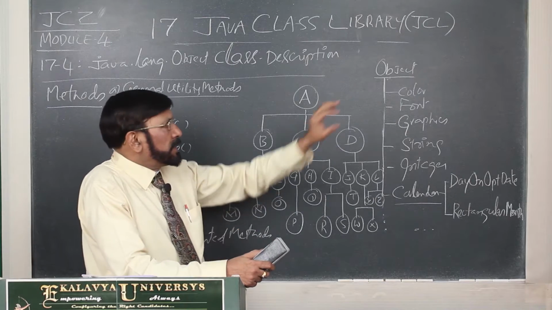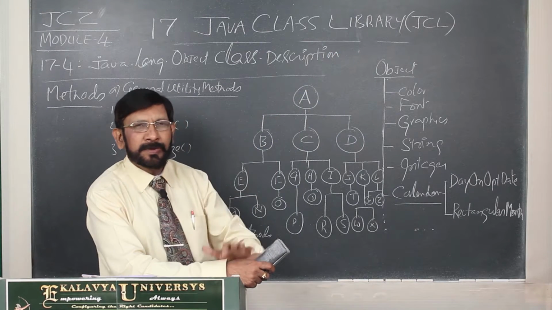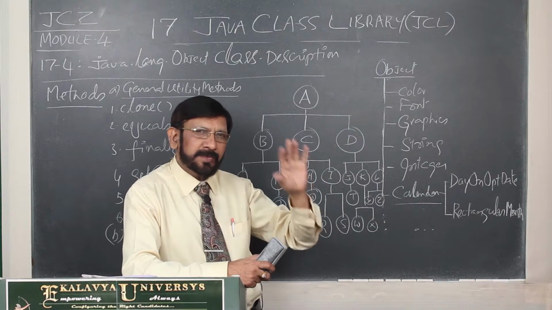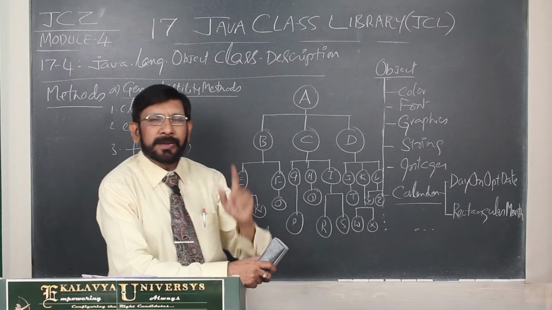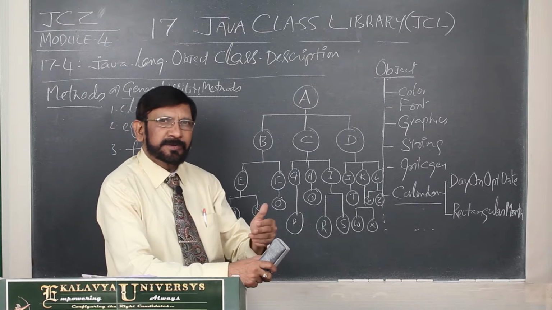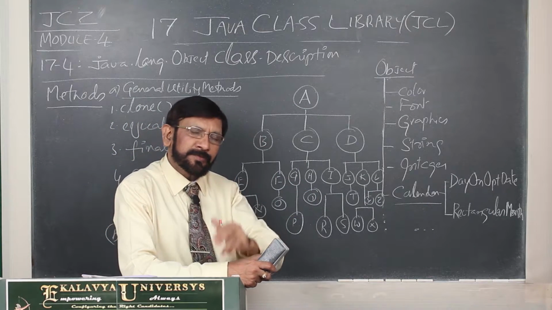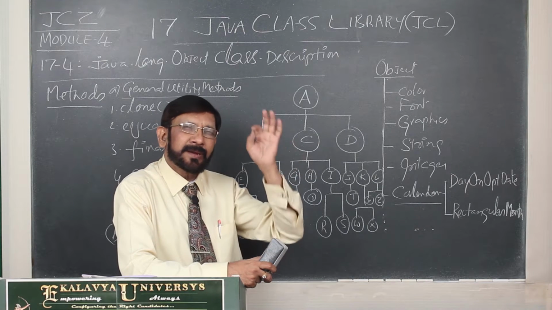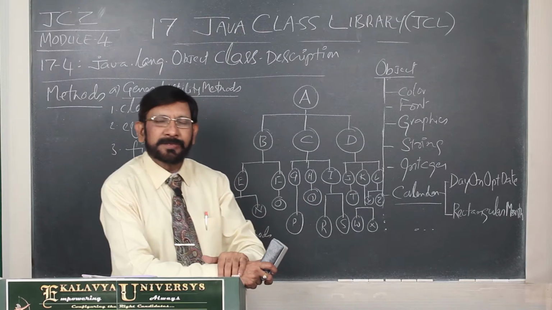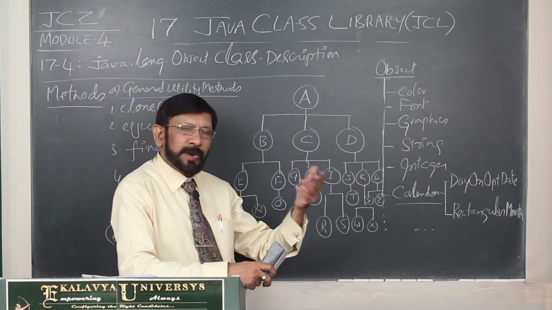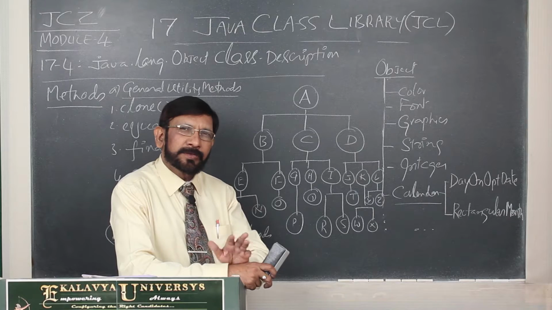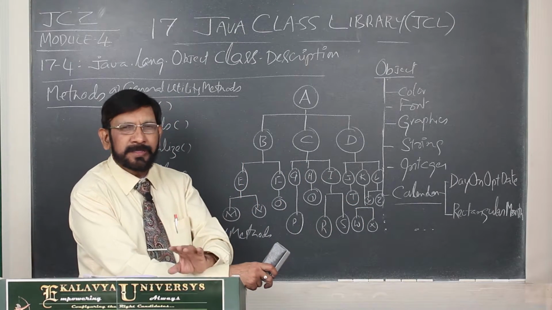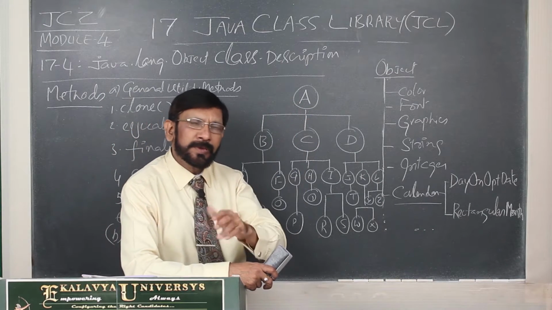Whatever general utility methods are provided by Object may be used by any Java class as it is, or it may make modifications to that according to its program requirement by the method overriding process. That is the greatest facility. Because of that, programming will be simple. Otherwise, whenever general utilities are required, the programmer must explicitly define them. That's why the code will be lengthy.